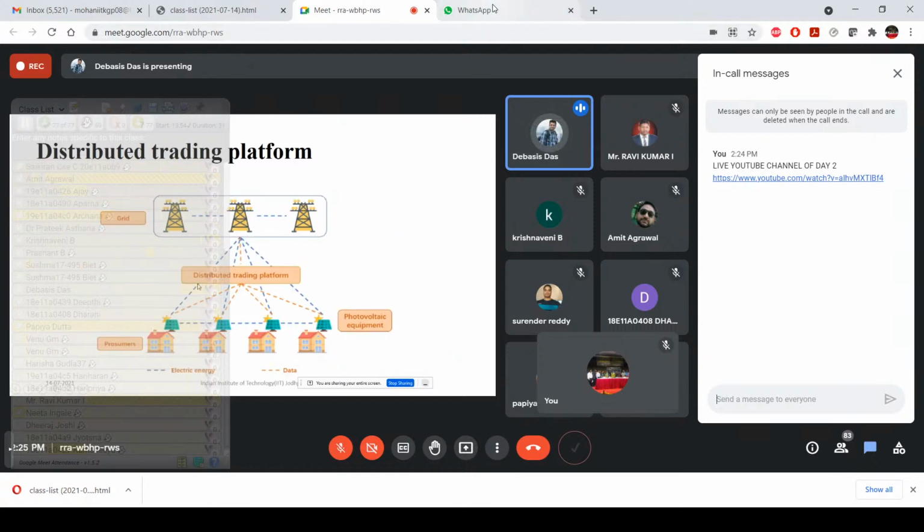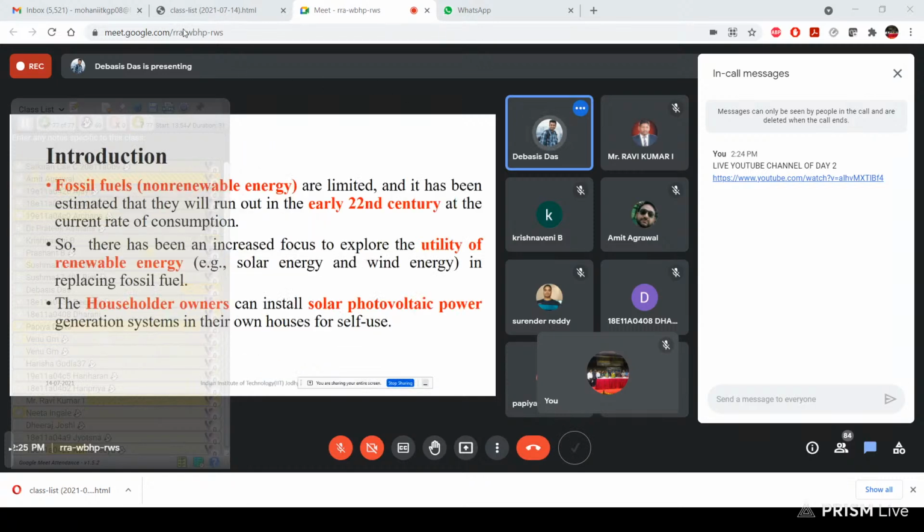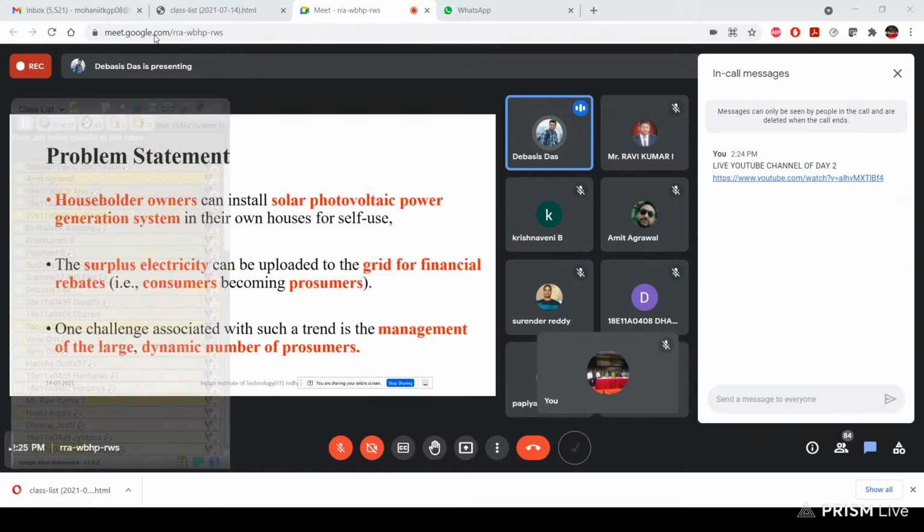Initially they consume some energy because they are using the fan, AC, and refrigerator in the house, so their role is consumer. But after consuming, whatever is extra is the surplus energy, and they want to upload this surplus energy to the grid for the financial rebate.